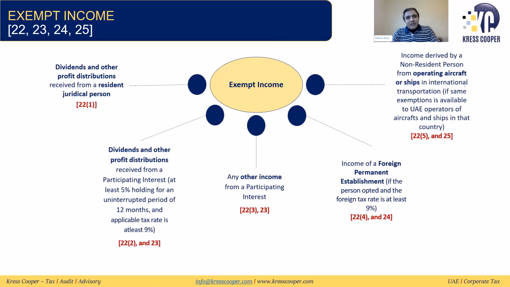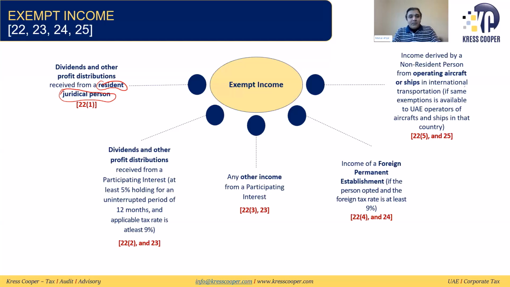This exempt income has been given in Article 22 of the corporate tax law. First of all, they are asking about dividends and other profit distributions received from a resident juridical person. This word is very important: resident juridical persons. If someone is getting dividends or profit distributions from resident juridical persons, it will be exempt from the UAE corporate tax law.